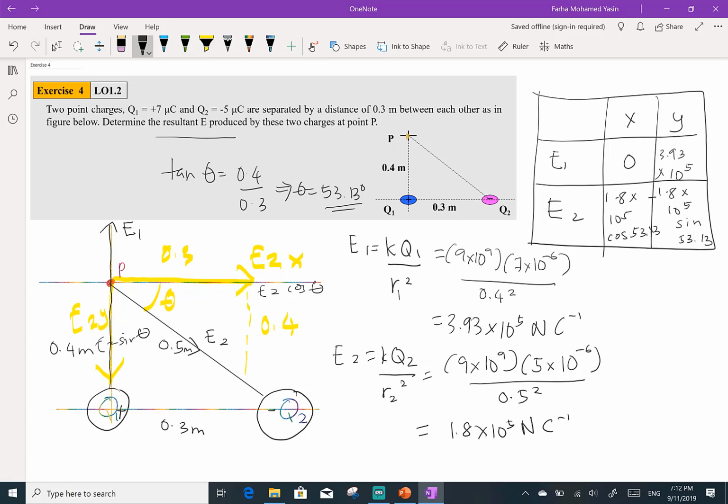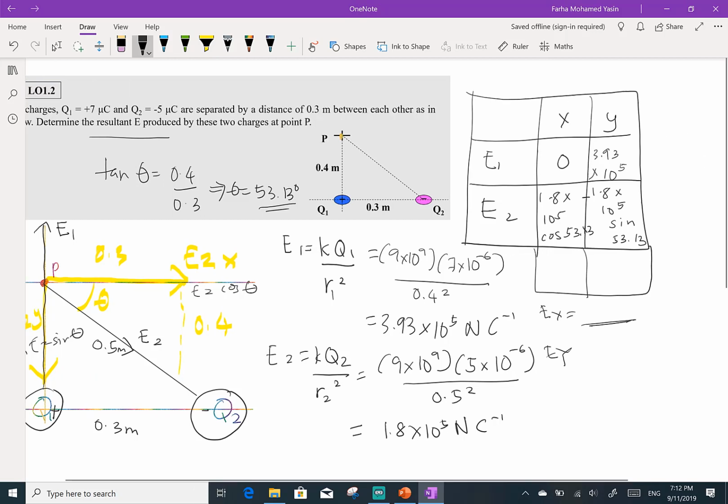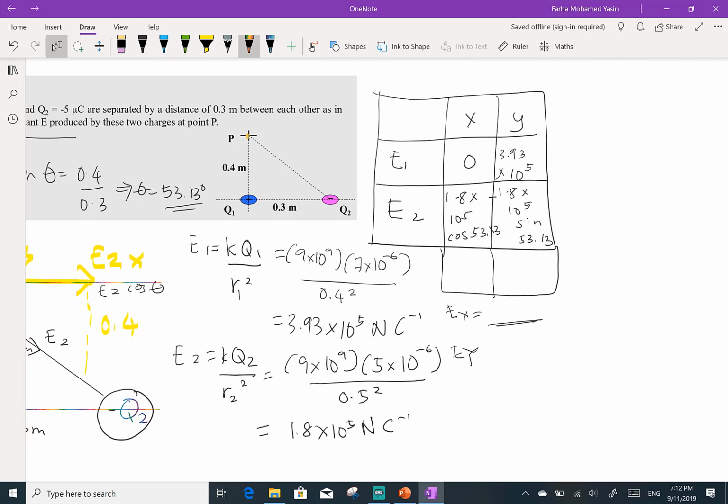Okay, so now kita dah complete kan box ni. Kita boleh total up to get the EX dan EY. Kita akan dapat EX is 1.08 power of 5 Newton per Coulomb, and EY is 2.49 power of 5 Newton per Coulomb.